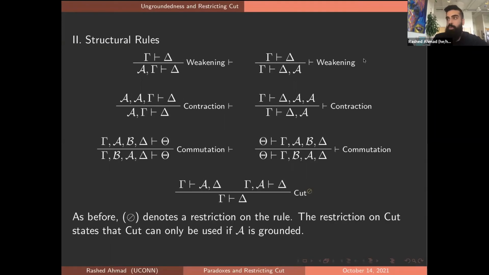As for structural rules, we have everything that classical logic has, including cut, but with a little restriction here. And the restriction is the cut formula A cannot be ungrounded. So we can use cut all the time as long as A is not an ungrounded sentence. And that's the only difference from our logic and classical logic.